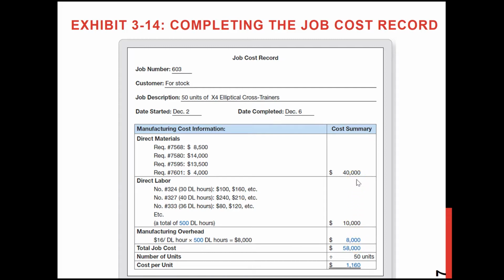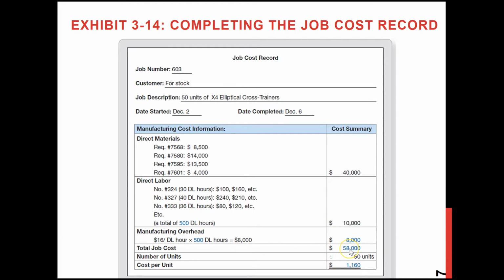Remember, for any manufacturing process, there are three types of costs. What are these three costs? Number one is direct material cost. Number two is direct labor cost. Number three is manufacturing overhead cost. So we just figured out all three for job 603.